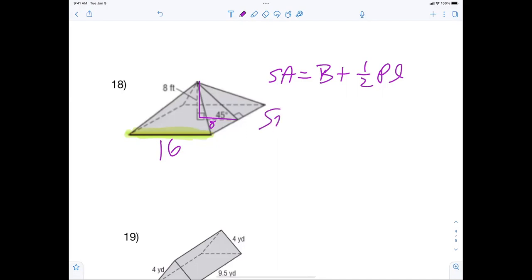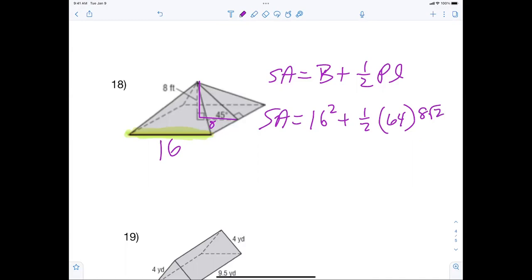Surface area is area of the base. What will be the area of the base? How do I calculate the area of the base? 16 squared because it is a square, plus 1/2. What's the perimeter? 64. What is the slant height? 8 radical 2. Come on, guys, you can do that.